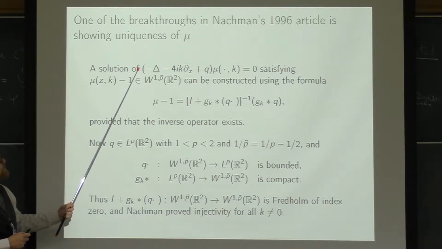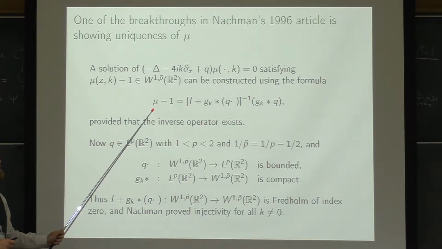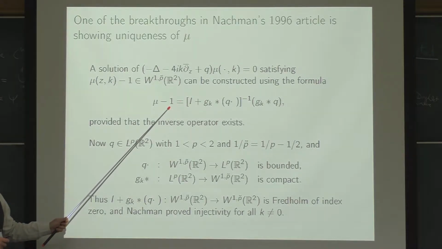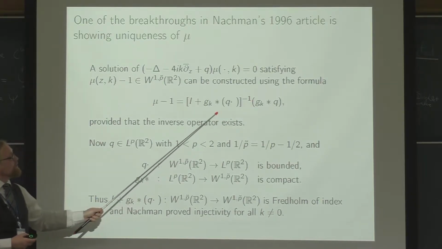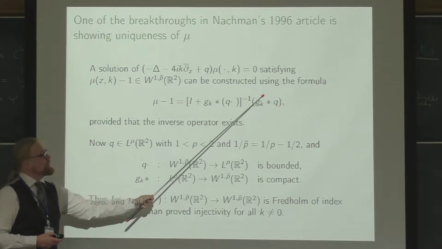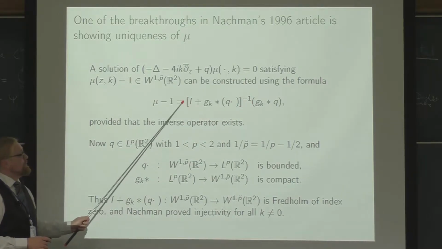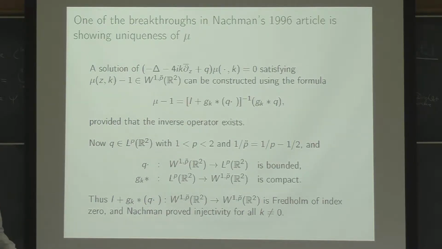We want a solution of this one satisfying this one, so that we construct mu minus 1, which is an element in the Sobolev space, by applying this inverse operator to this guy. A short computation: if you apply this one without the minus on both sides, you will quickly compute and see, and that's what you get, the desired solution.